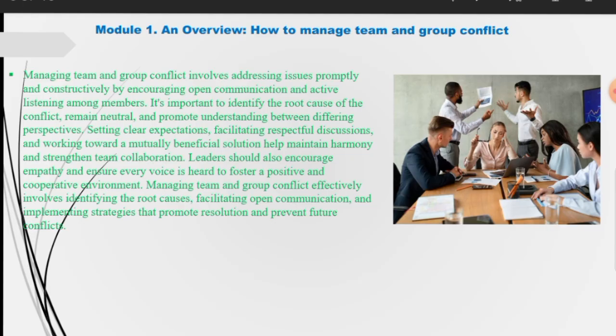So now we can understand that managing team and group conflict effectively is essential for maintaining a productive and harmonious work environment. Conflicts often arise from differences in opinions, communication styles, values, or personal goals. The first step in managing conflict is early identification.